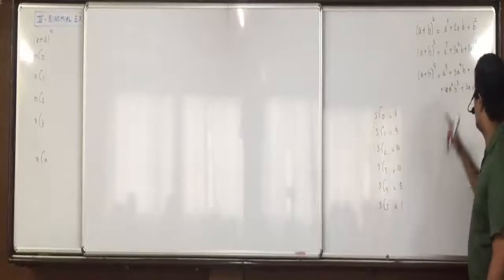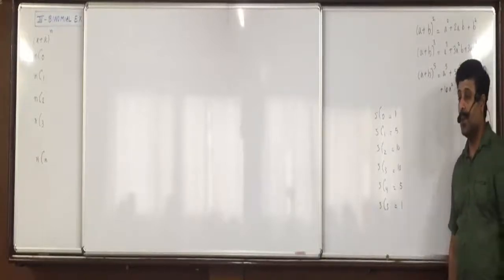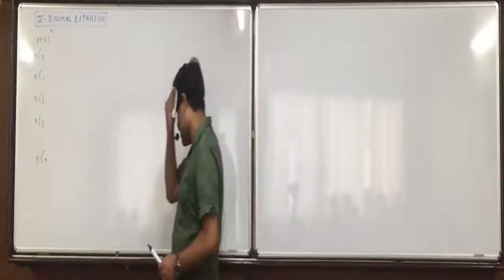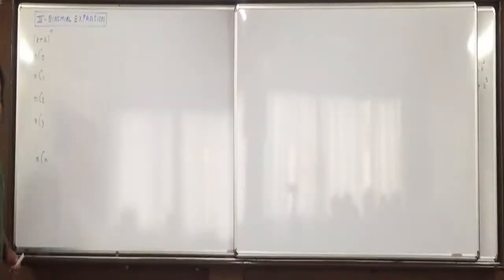See, 1, 5, 10, 10, 5, 1. So the coefficients you will have are nC0, nC1, nC2 up till nCn. Is everyone clear with it? Raise your hand if you are not clear up till here.